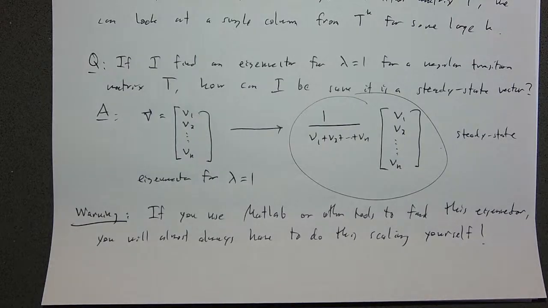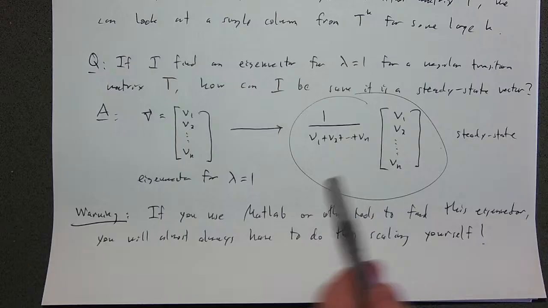So dividing this by the sum of its entries is exactly the way to make this work.